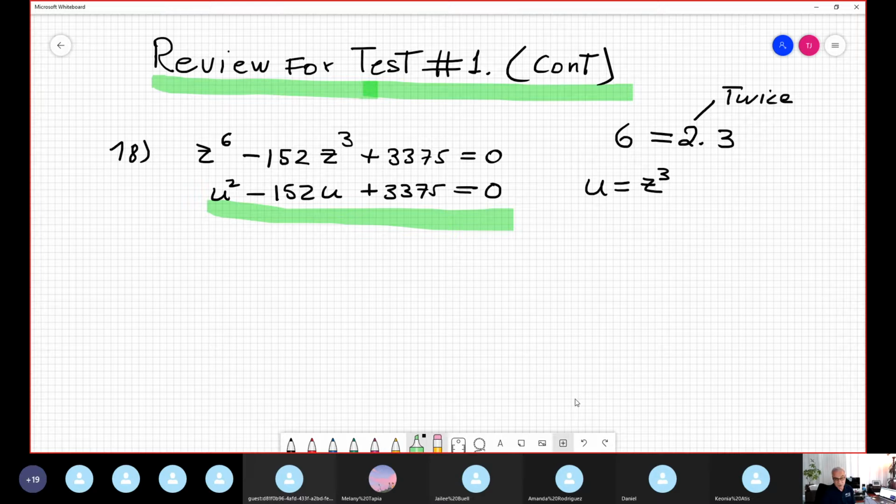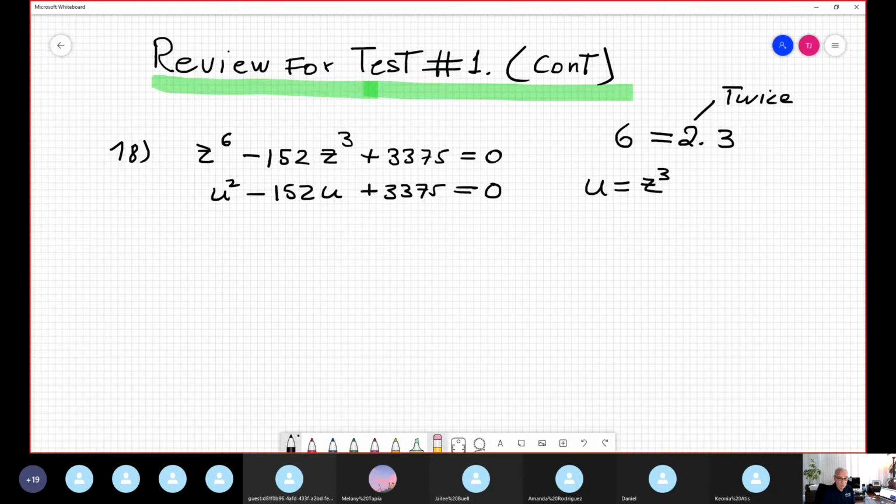I know the solution of u gives me information to find the actual value of c, our final goal. Okay, no problem. So now this equation is quadratic, not the original.